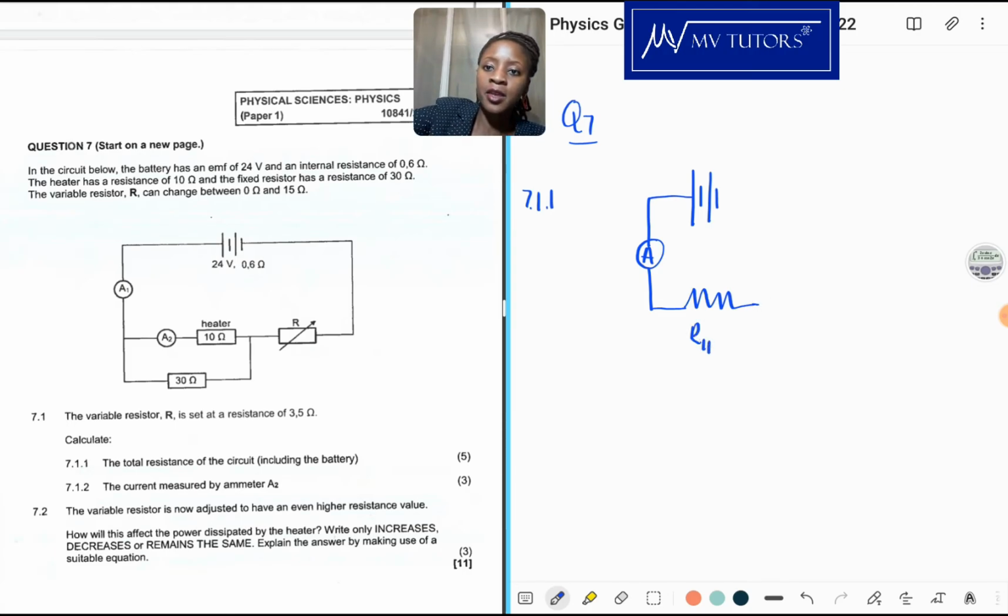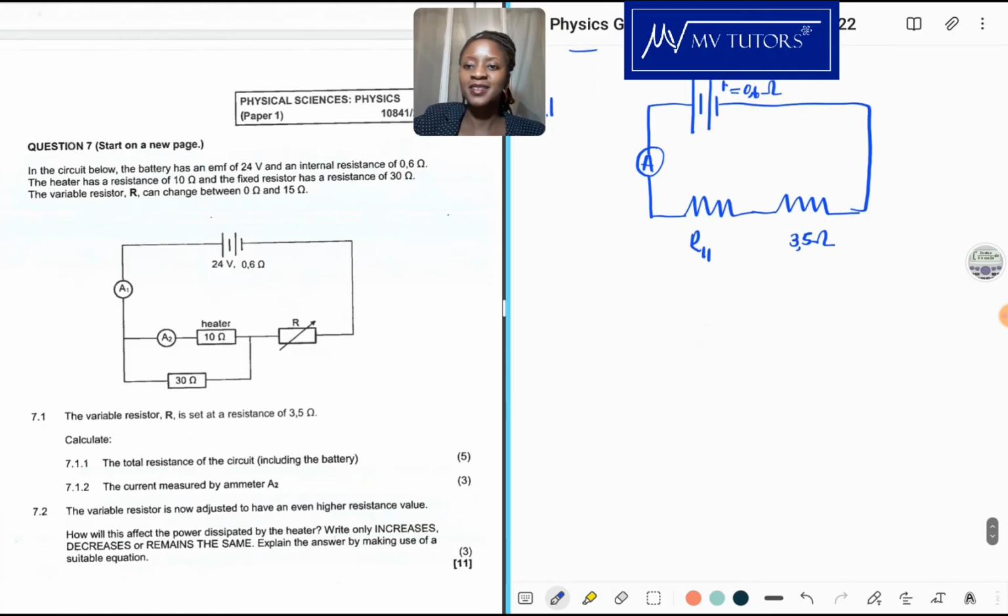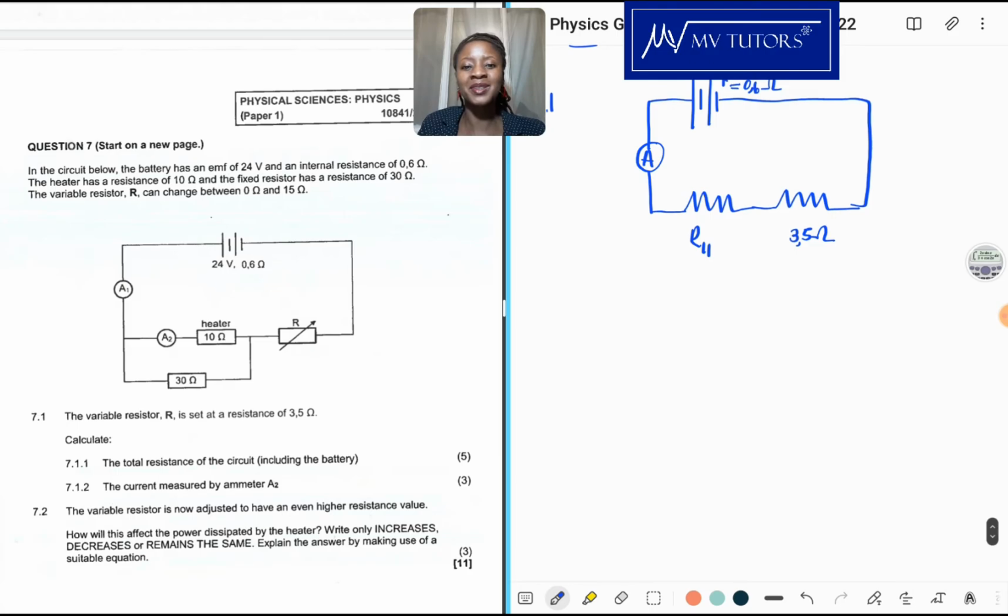Then we have that variable resistance, which is set to 3.5 ohm. And then we have that internal resistance, a small r, which is equal to 0.6 ohm. So let's first work out what the parallel resistance is. That's a simplified version of this circuit.